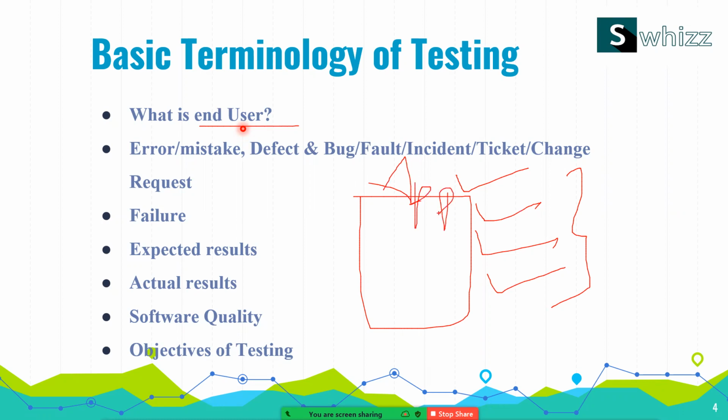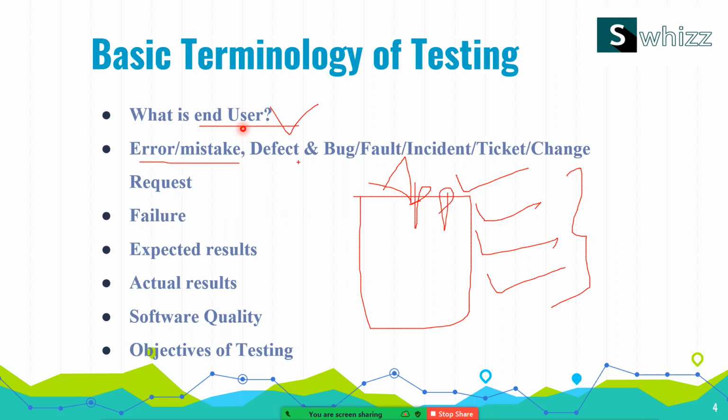As a tester, we have to think like an end user: how would you feel while using this application, and what are the things you expect from it? These are the things you have to consider.